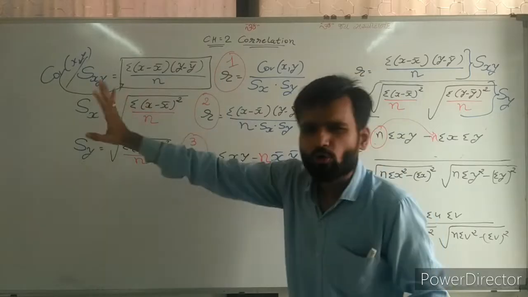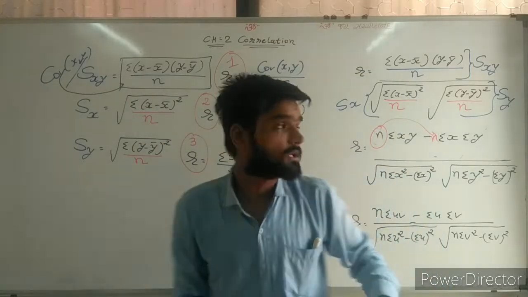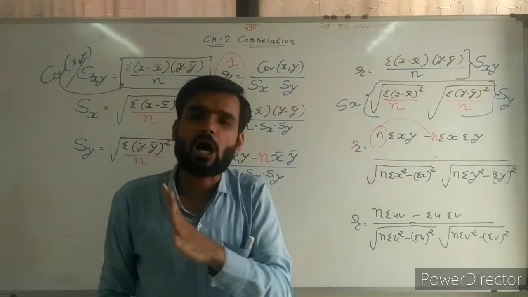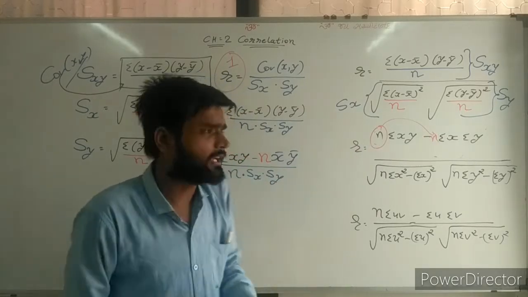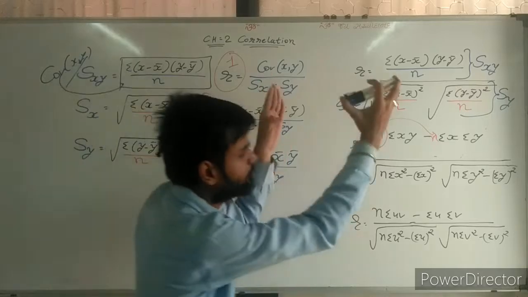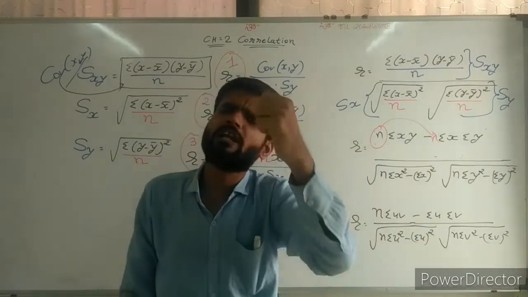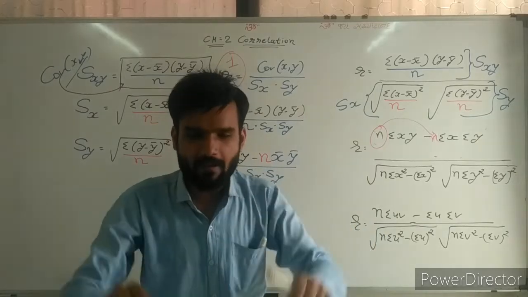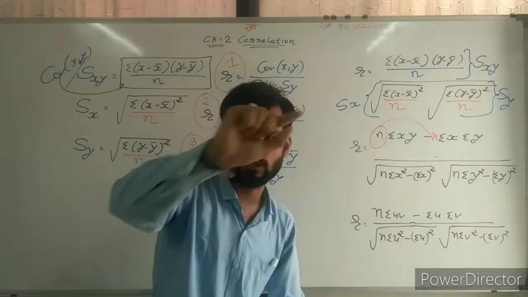These are generally for short sums. But now, sir, how can we identify when we are using these formulas or when we are using this formula? Now, remember only one line of Kamal sir.